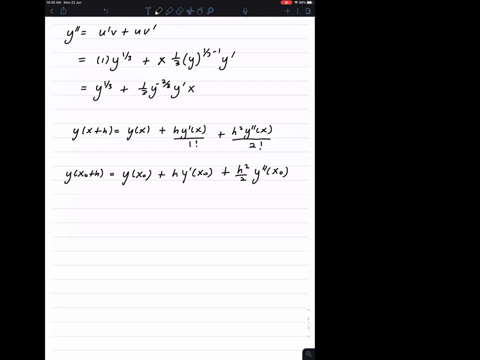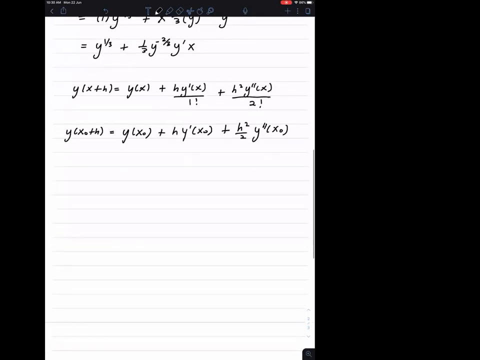Just replacing the x with the x naught. X naught is the initial point and h is the step size. So we want to find y1, and y1 is equal to y(1.1).